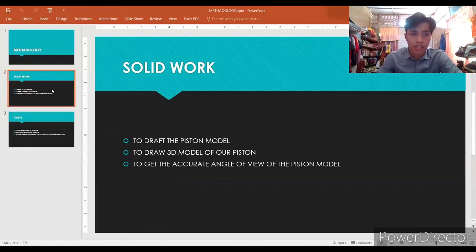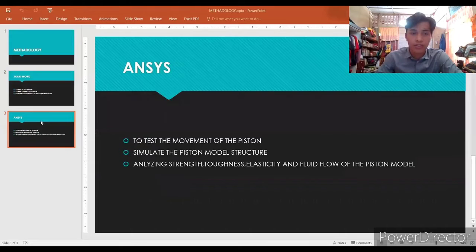And for the analysis of the model, we use ANSYS. ANSYS is very good software to test the movement of the piston, simulate the piston model structure, and analyze the strength, toughness, and elasticity of the piston model.